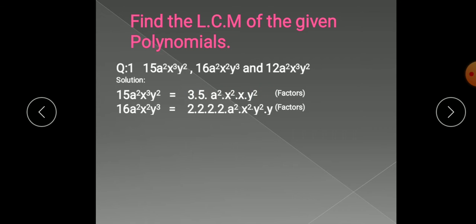The second expression is 16a square x square y cube, and this is its factor form. The third is 12a square x cube y square, and this is the factor form of the last polynomial. Now we have to find its HCF.